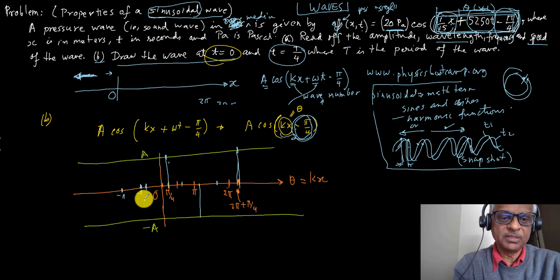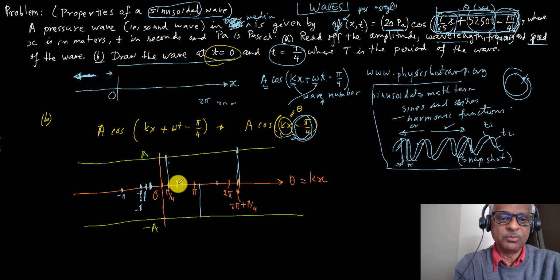This is pi over 4, pi over 2. This much is pi, this is pi over 2, and pi over 4 is halfway.